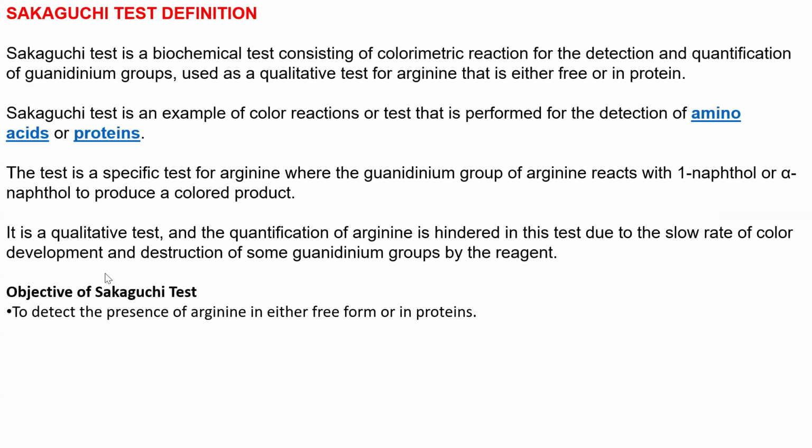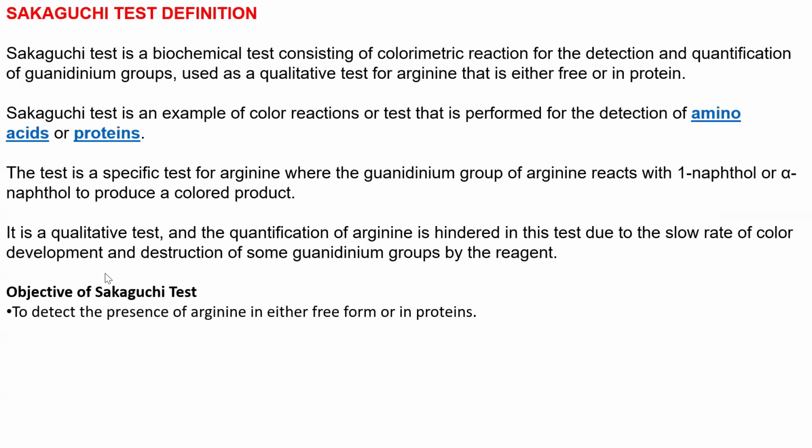So this Sakaguchi's test is an example of a color reaction or a test that is performed for the detection of amino acid or protein. So if you are given a sample, you can test the sample for the presence of either the free amino acid or any protein that contains arginine.